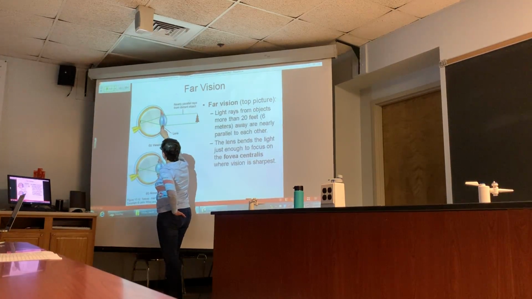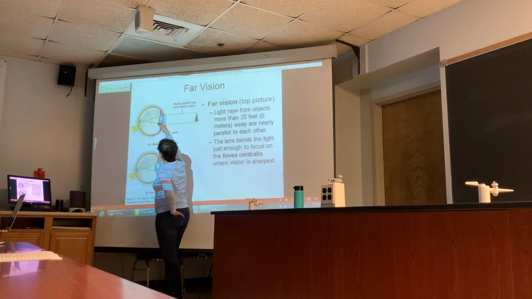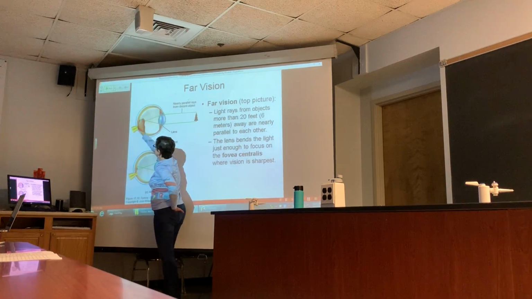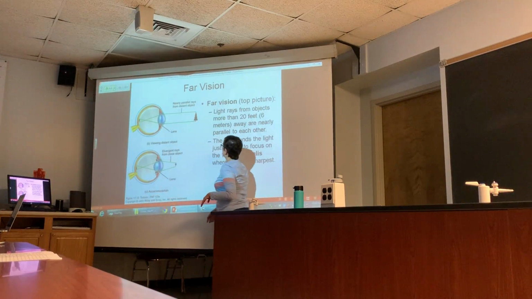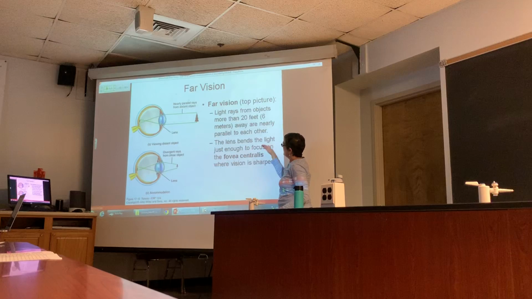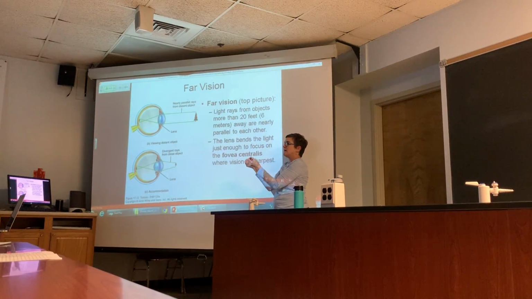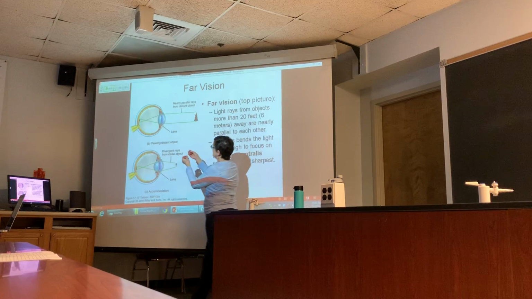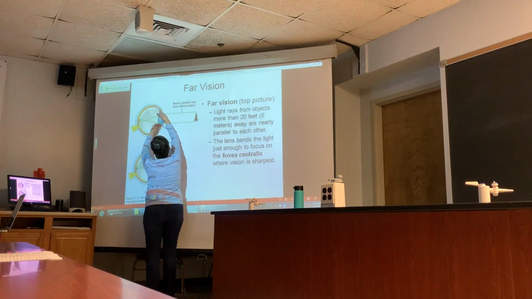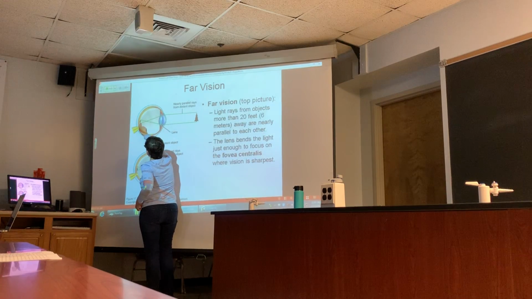So it doesn't take much to focus it or to refract that image. So when you're seeing something far away, the cornea and lens are able to just bend the light, with very little accommodation of the lens, so that it's focused.